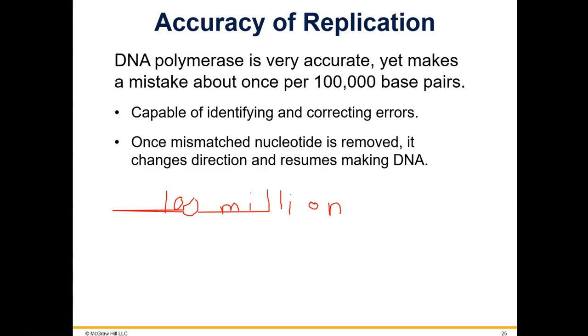And our entire genome or genetic code is billions of base pairs. So 1 in every 100 million mistakes are made, and we're going to learn that even some of those mistakes don't lead to problems in the actual protein that's produced.